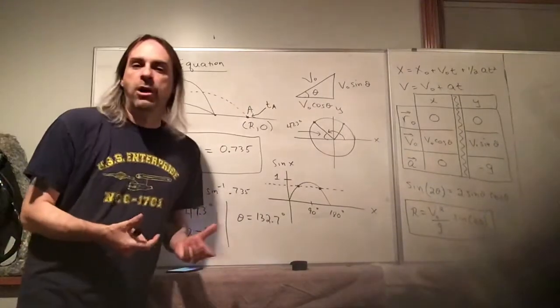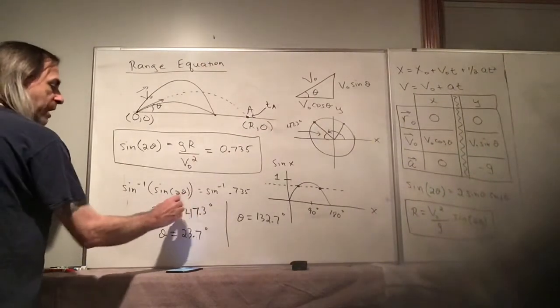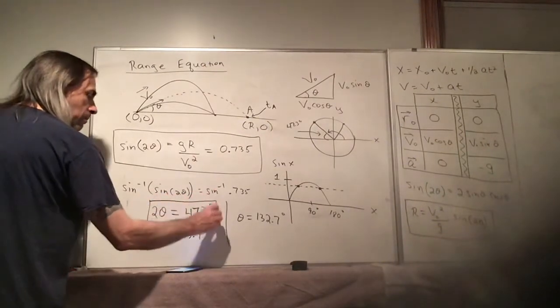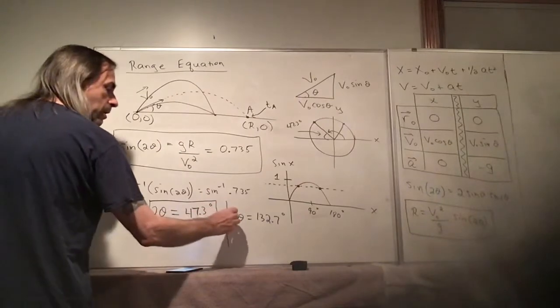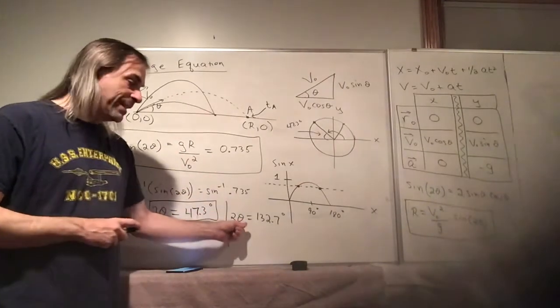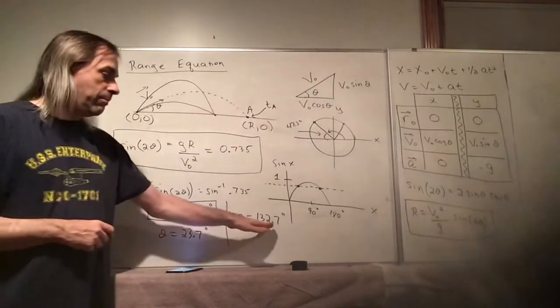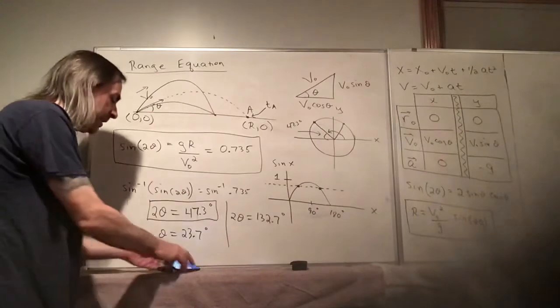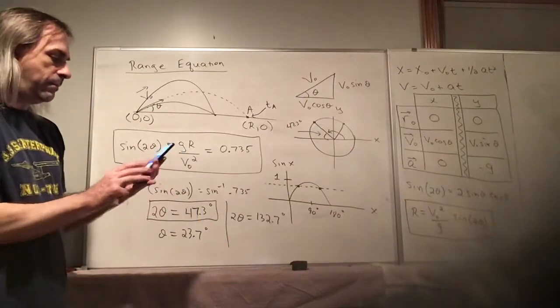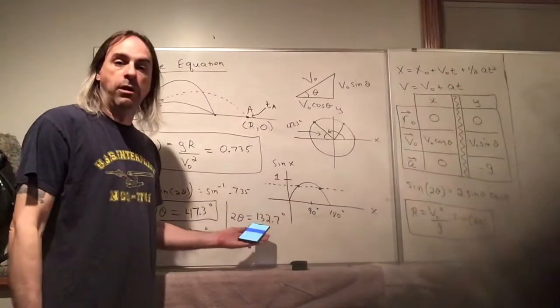A kind of trivial way to find that solution is to take the inverse sine, which gives us this angle here. But another solution is given by this angle, 2 theta is 132.7 degrees, and you can check it just by taking the sine of that. And you get 0.735. That's a solution as well.